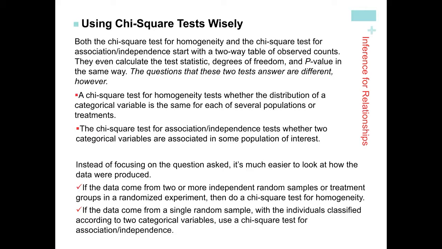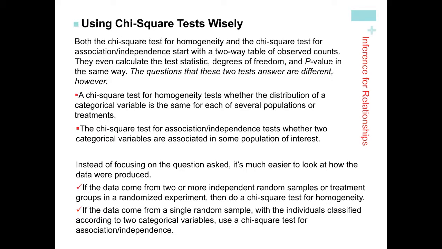End of story. When you got 2 variables that you're keeping track of, that's when you're looking at homogeneity versus association. And the key thing is chi-square test of association or chi-square test of independence is from a single sample versus homogeneity when you're coming from 2 different samples, or if you're coming from an experiment where you're splitting your sample into 3 separate groups or separate treatments.